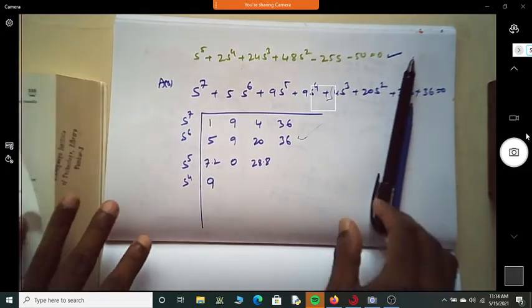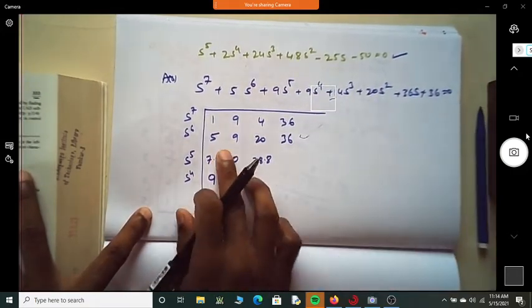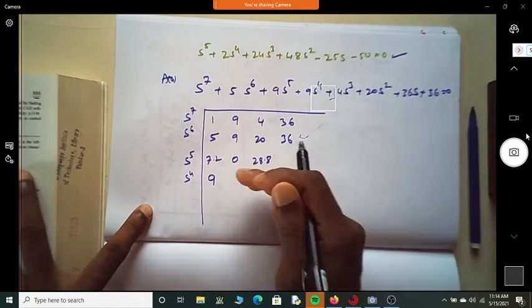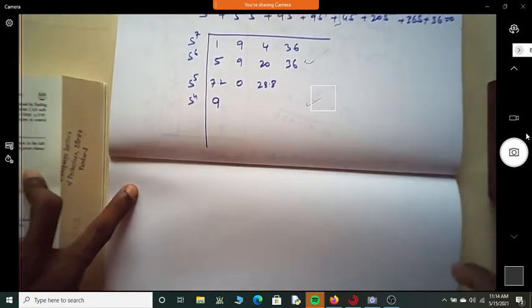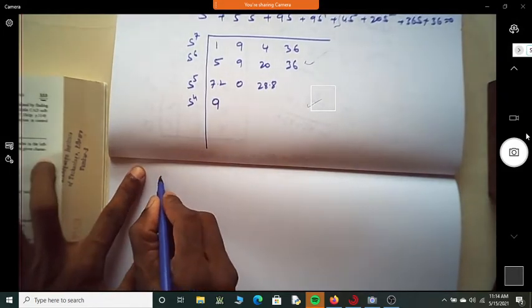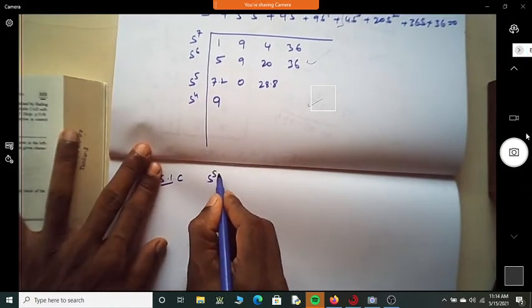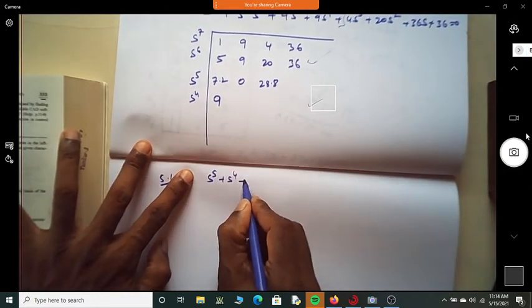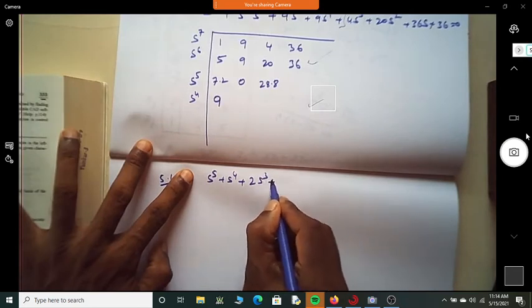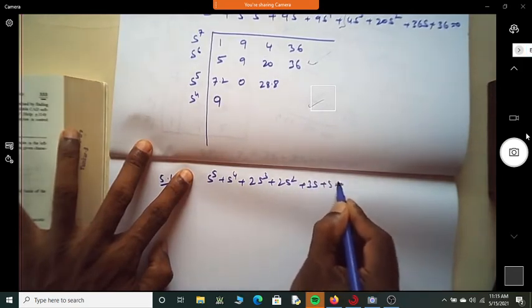First element should be 0. I think this you can solve it. So there is nothing great in this. So let me just go to 5.1c. Is it s power 5? This is 5. This is s power 5 plus s power 4 plus 2s cube plus 2s square plus 3s plus 5 equal to 0.